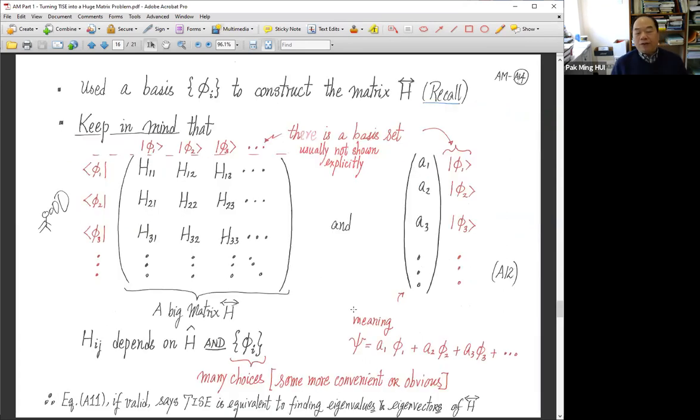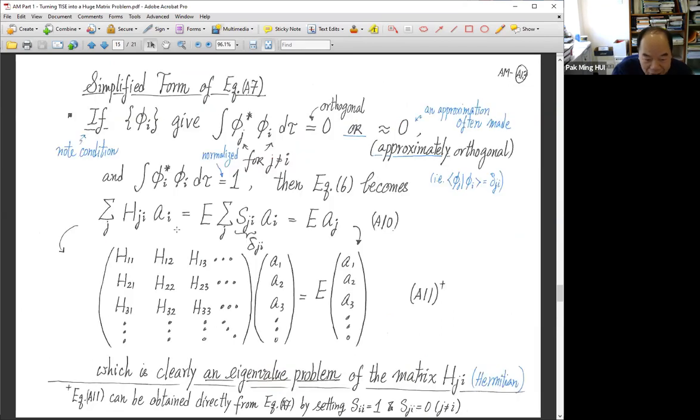Now, just to remind you how to read this matrix stuff, okay? This is a physicist viewpoint. Remember, actually, we have a basis set of functions behind the scene. When you read this thing, it looks as if those bases disappear. Actually not.